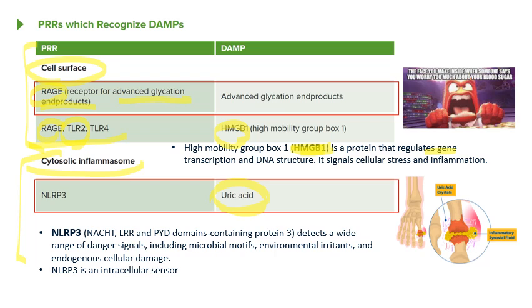So if you have too much degradation of purine, you're going to have too much uric acid in the cytoplasm, and you're going to reach a threshold, the crystallization point, and once these things crystallize, they're going to be detected by NLRP3.